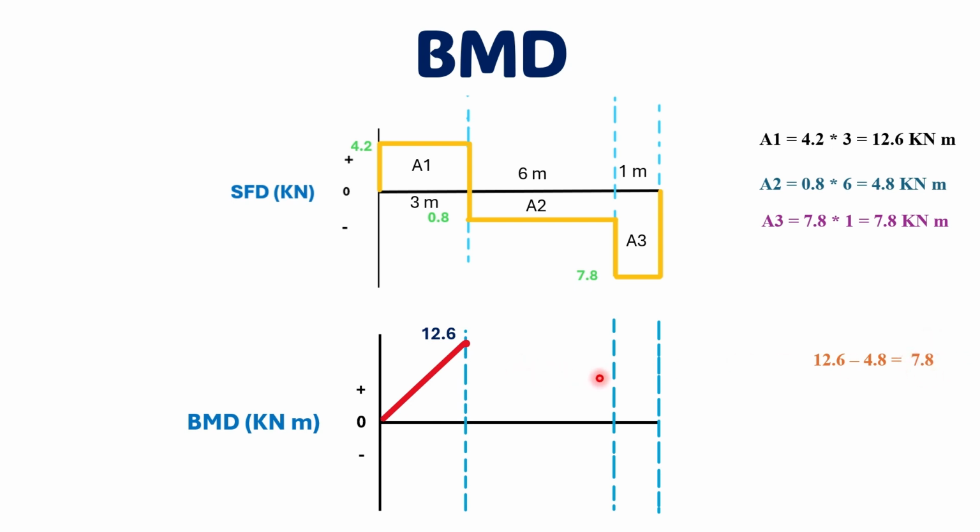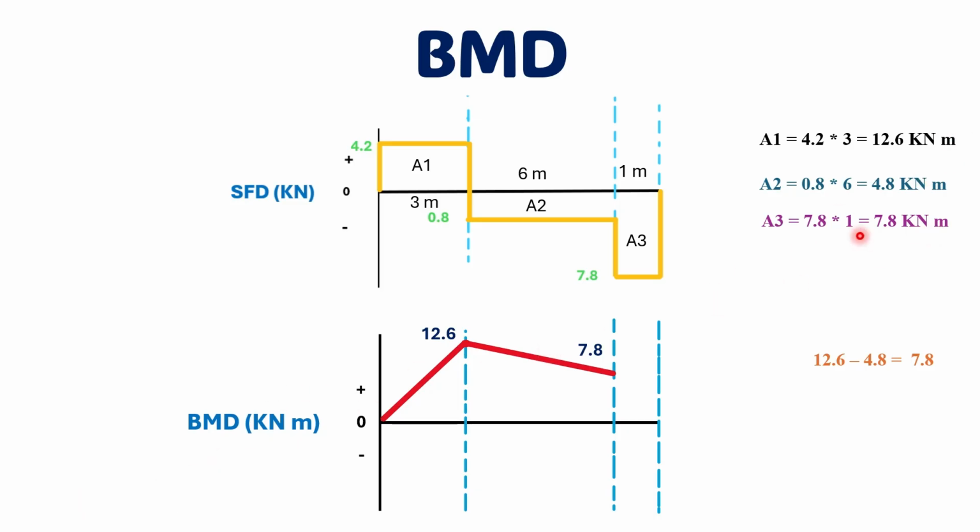It is positive, so I mark this point 7.8 also and join them. Since this is a 0-degree curve in shear force, it will be a first-degree curve. So you can see we join this point to this point by a linear line, and this value is 7.8. How do we get it? By subtracting this area from 12.6, which yields 7.8.